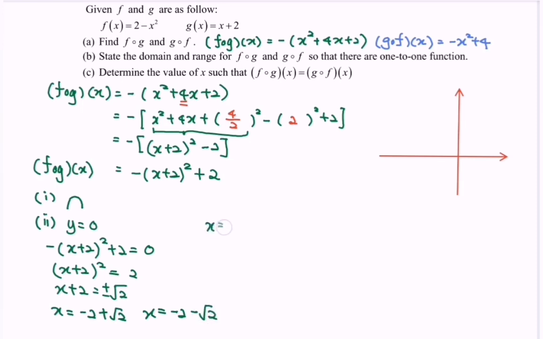When x is equal to 0, we substitute, so y is equal to negative 2. Continue. We have to decide the maximum point. The maximum point would be (negative 2, 2). So the symmetrical axis would be x equals negative 2. Kindly refer to the graph.